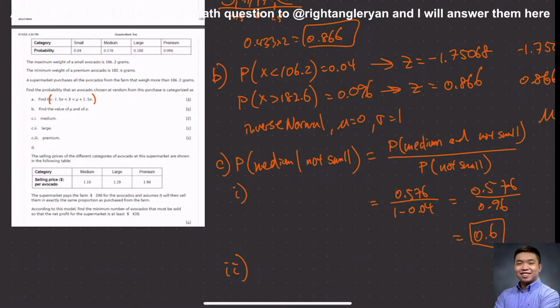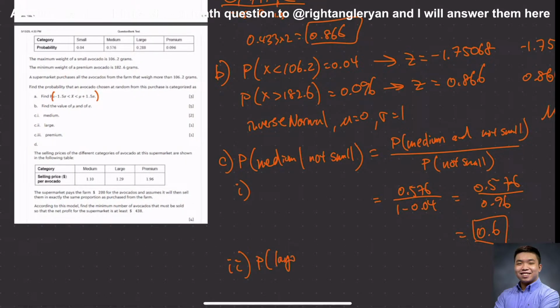Large. Find the probability that it is large, given that it is not small. So the method is the same. All we have to do is 0.288 divided by 0.96, which is 0.3.